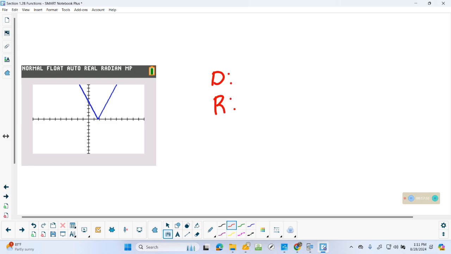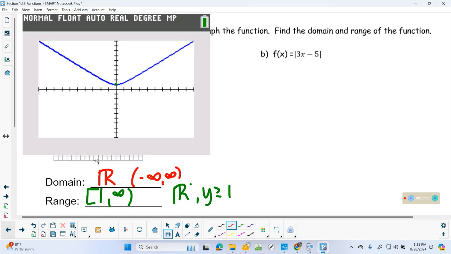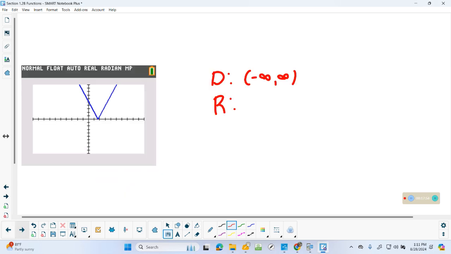So just looking at the graph, how far left, how far right is the V going to cover? Everything, right? Also, if you just look at the equation, can't you do the absolute value of any type of number, positive, negative, 0? Yeah, I sure can. Okay, range. What is the lowest to the highest? What's the lowest? 0.